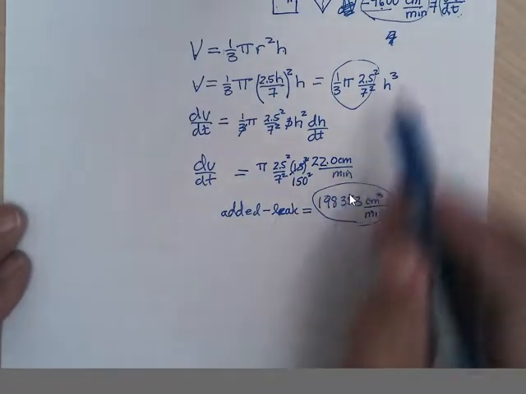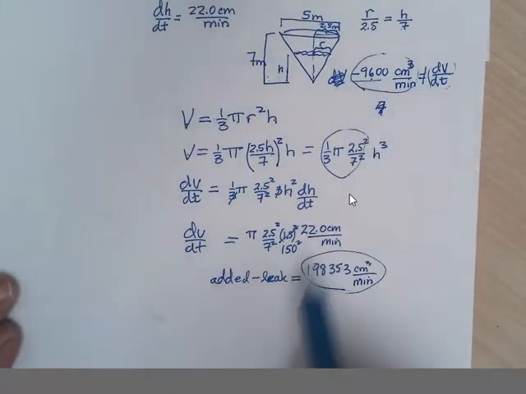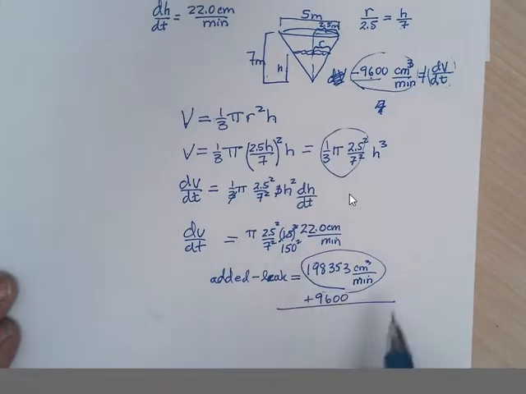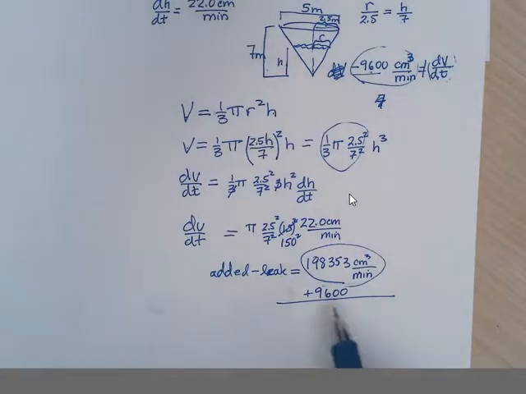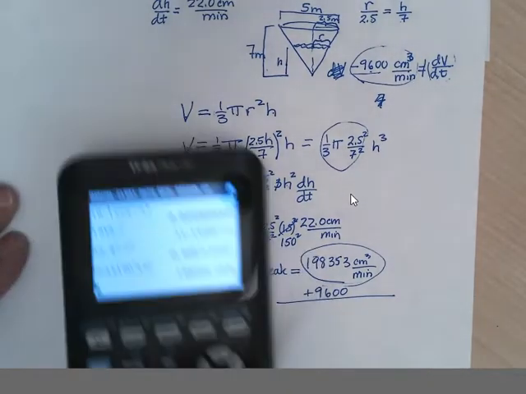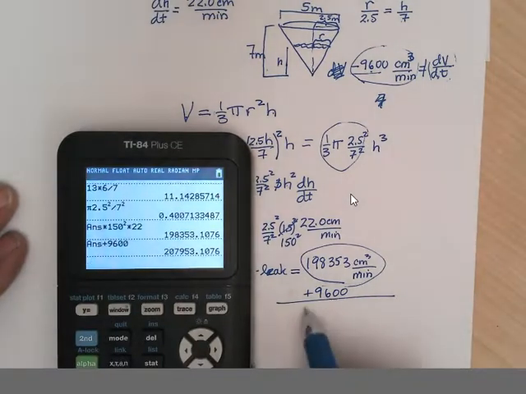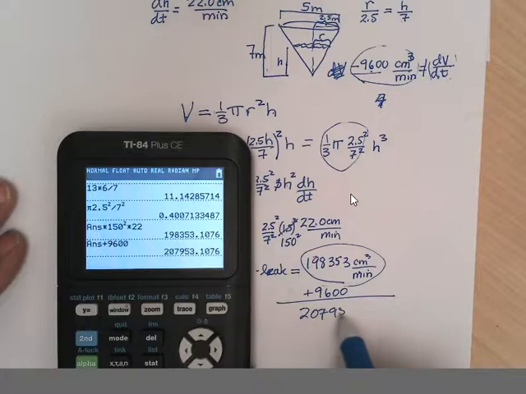And so we have to take the leak, which was this 9,600, and add it to this to know how much water is being added to keep up with the leak and cause it to rise. So we have to add plus 9,600 and we get the water must be added at 207,953 centimeters cubed per minute.